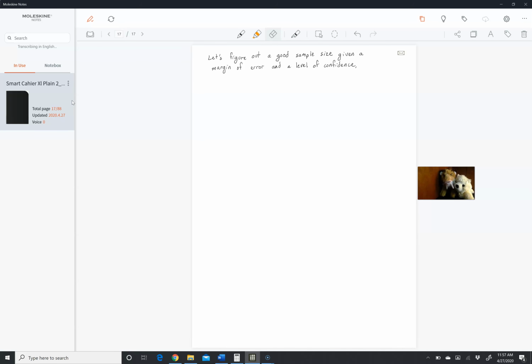Essentially what we're doing is we're solving the formula for margin of error for n. We're going backwards. So let's do that. Let's go through the algebra so that you see where it's coming from.